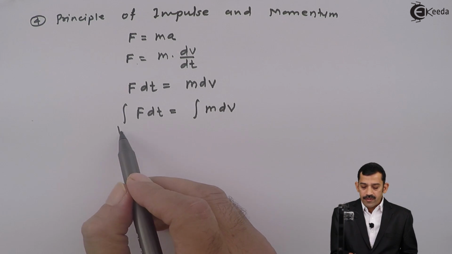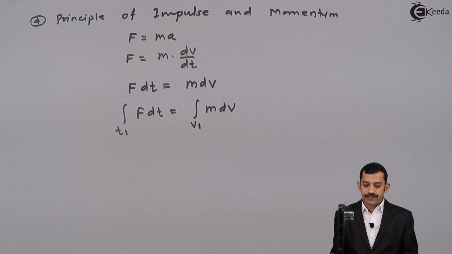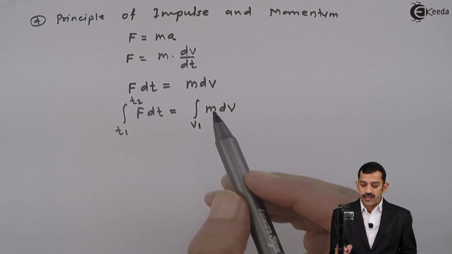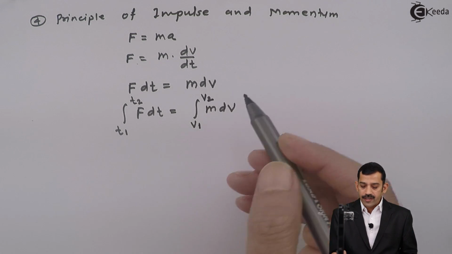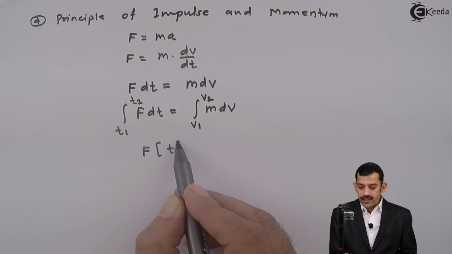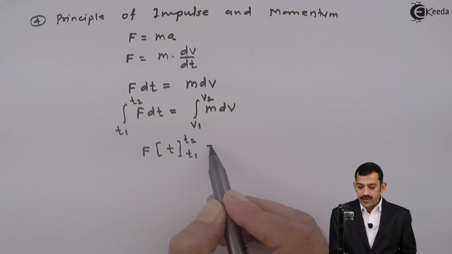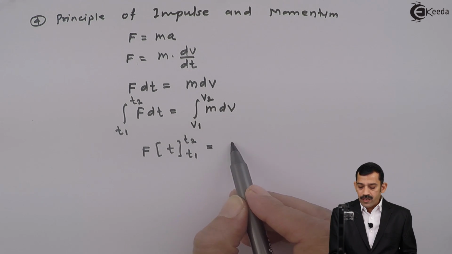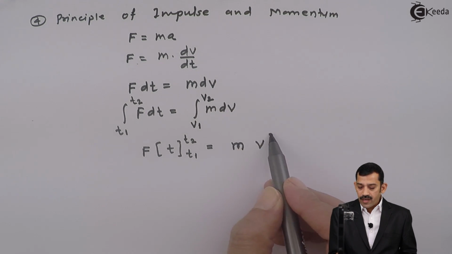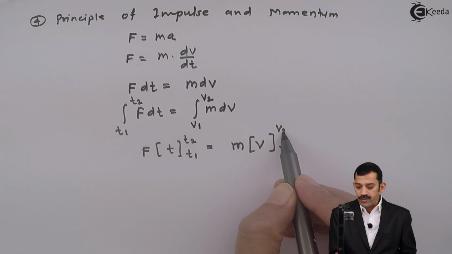Say when time is t1, velocity of that particular mass is v1. When time is t2, velocity is say v2. Now if you integrate, what will get here? F, integral of dt is t, lower limit is t1, upper limit is t2, equal to integral of dv is v, and mass remains constant, velocity varies from v1 to v2.